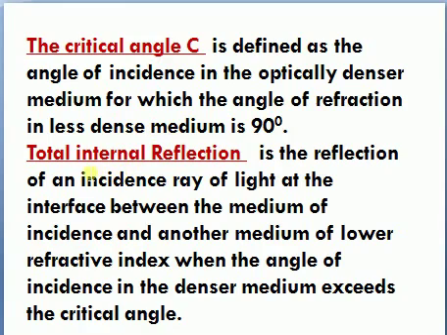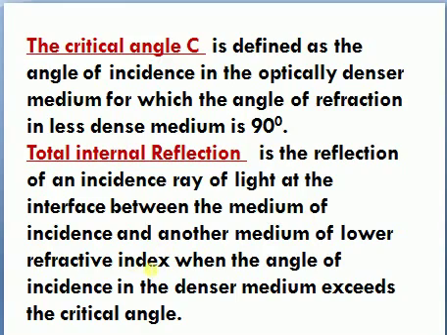Now let's see what we mean by total internal reflection, which we have equally explained. Total internal reflection, we define it as the reflection of an incident ray of light at the interface between the medium of incidence and another medium of what?